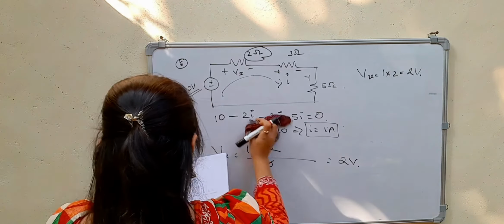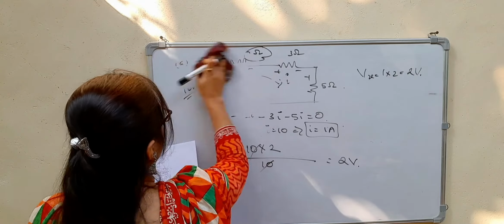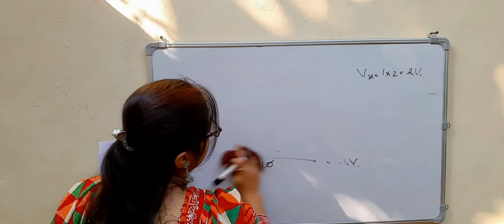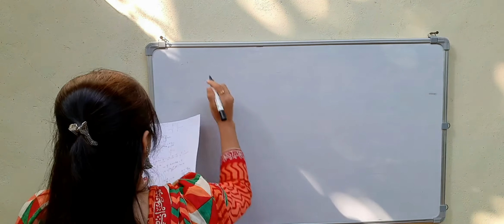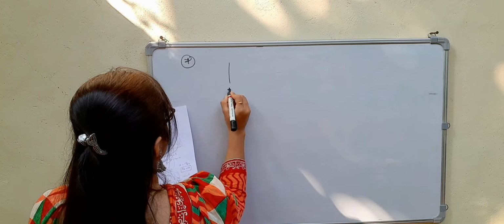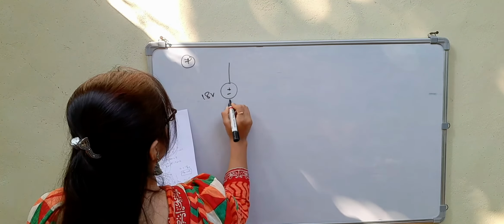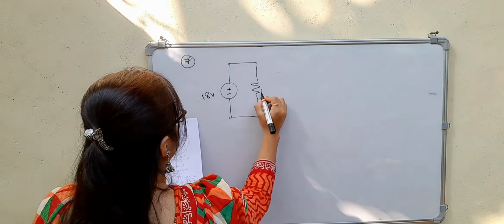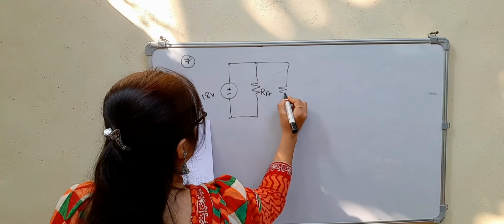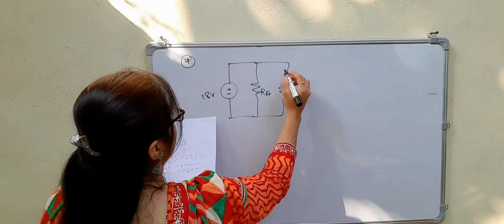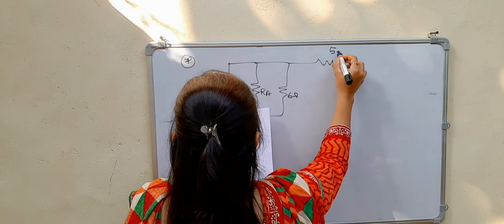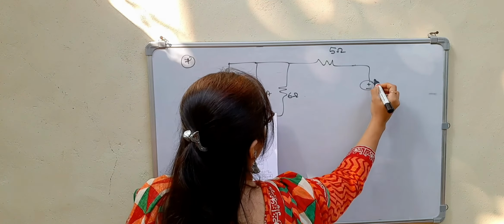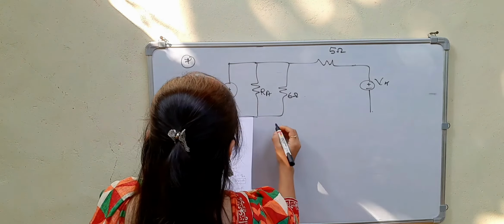Next question is, there is a voltage source, that is 18 volts, then in series with RA, then we have 6 ohm, then we have 5 ohms, there is a voltage source Vx.